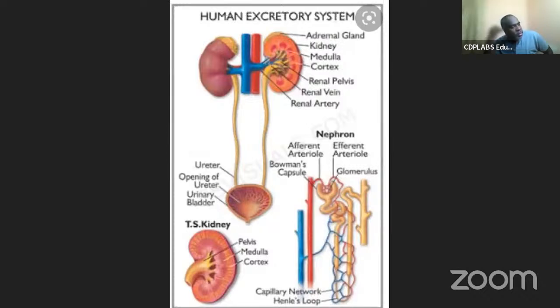Make sense? The sociology part of it comes in diseases, mainly, and how they affect the individual. Right? So moving on further.